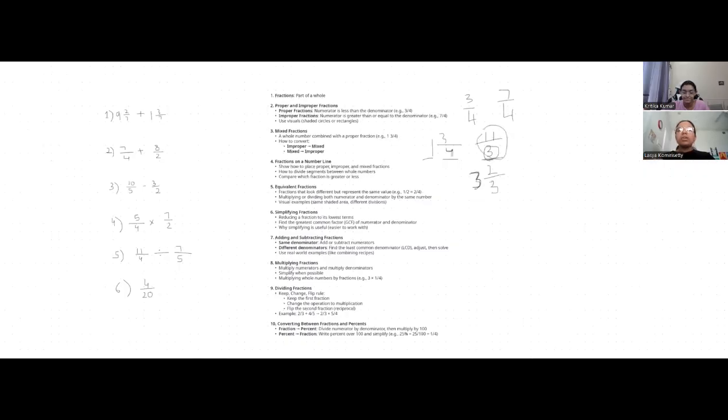Now let's look at how you can convert from a mixed to an improper fraction. Let's just take the same example. What you need to do is first multiply the denominator, which is 3 in this case, with the whole number in front, which is also 3 in this case. You multiply them together, and that's 9, right? You take that 9 and add it to the number on top, the numerator.